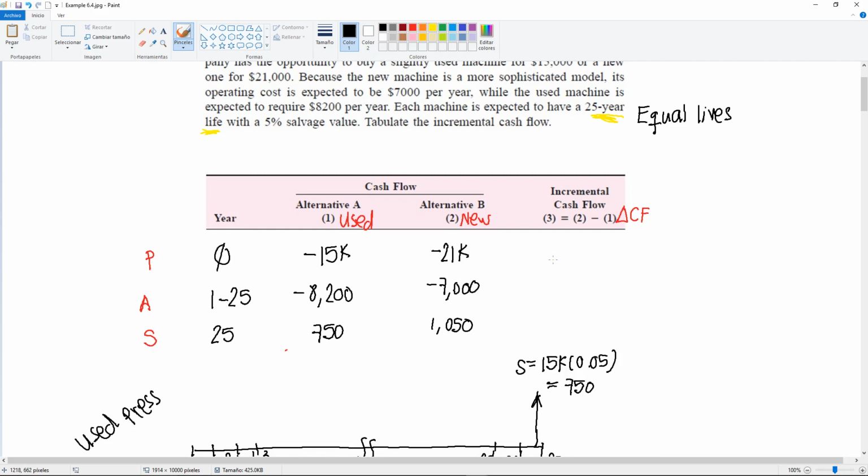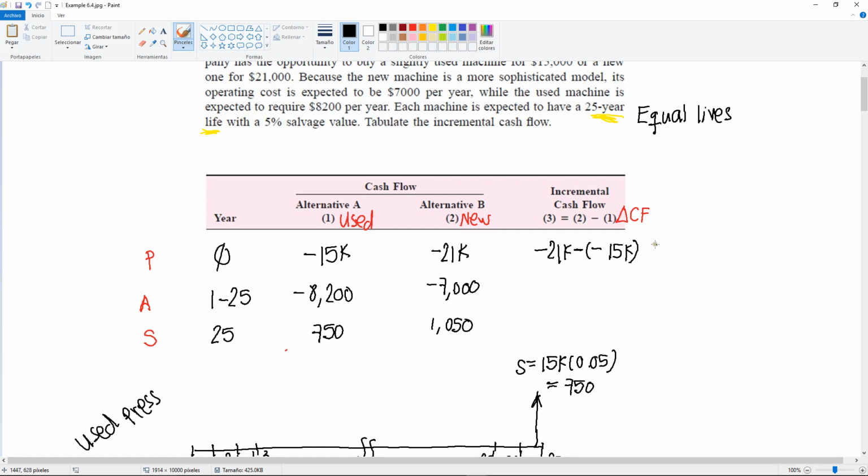Okay, now here, let's go with column 2. So it will be minus 21,000 minus 15,000. So here, if it's a minus right here, it doesn't matter if the other column has a minus or a plus sign. Here you're going to subtract a minus amount.